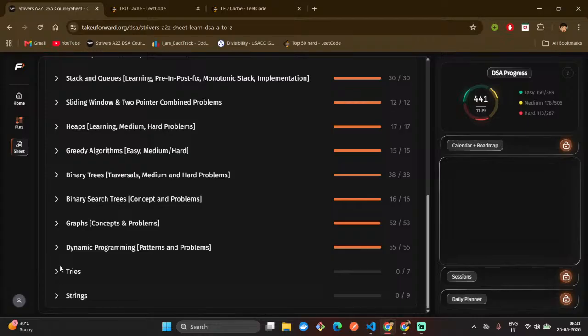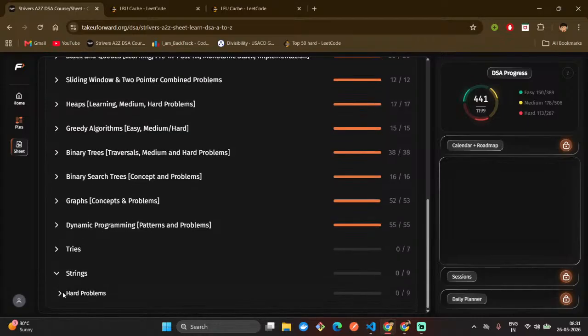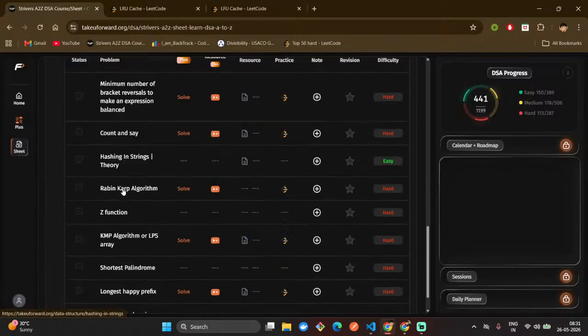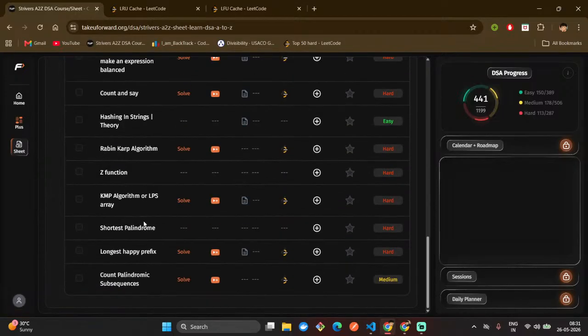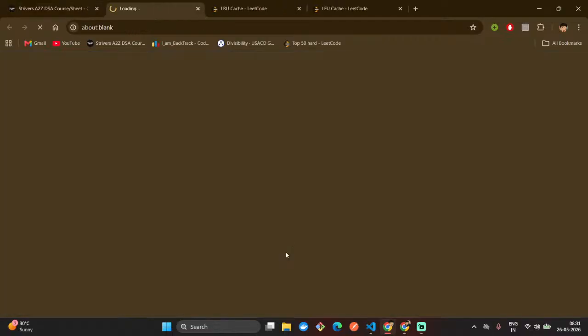Right? We just left it behind, and this is the hard problem of string. The function KMP, LPS, shortest palindrome, longest prefix. I think I solved some problems here, like longest happy prefix. I don't think this one is solved.